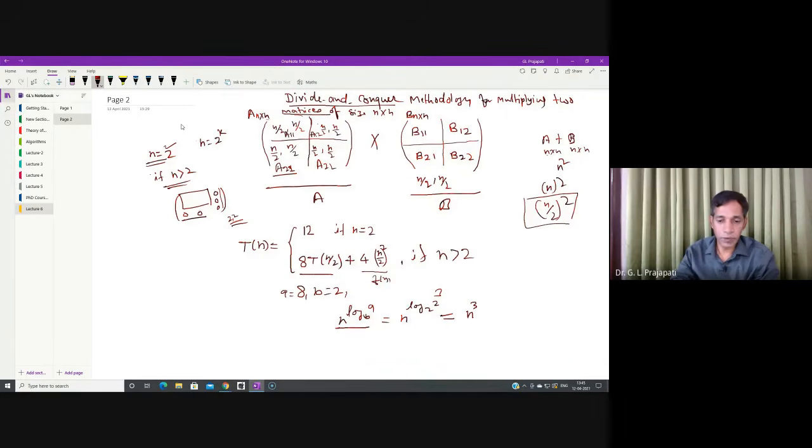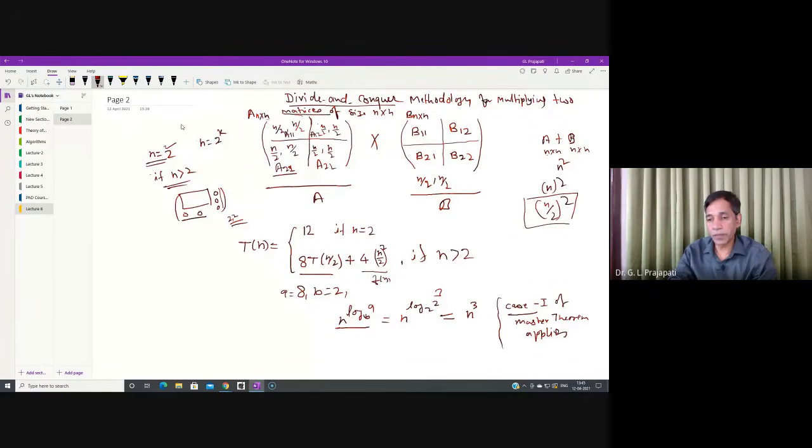So n raised power log b a is polynomially larger than f of n, and this is case 1 of master theorem applies.